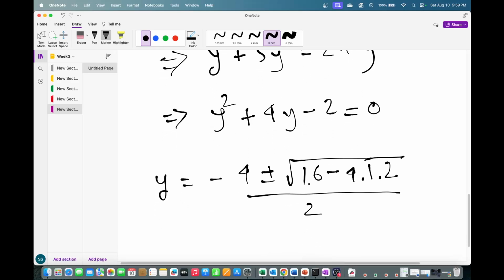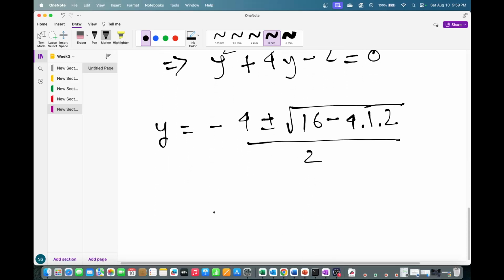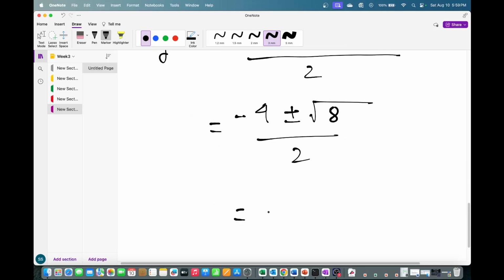So this is 8, 16 minus 8 is 8, and divided by 2 here. So this becomes minus 4 plus minus root 8 by 2. So this 4 will come out, 2 root 2, so minus 2 plus minus root 2, right?